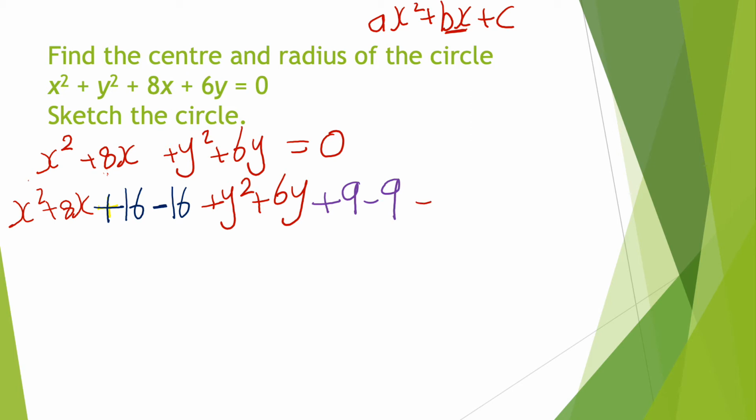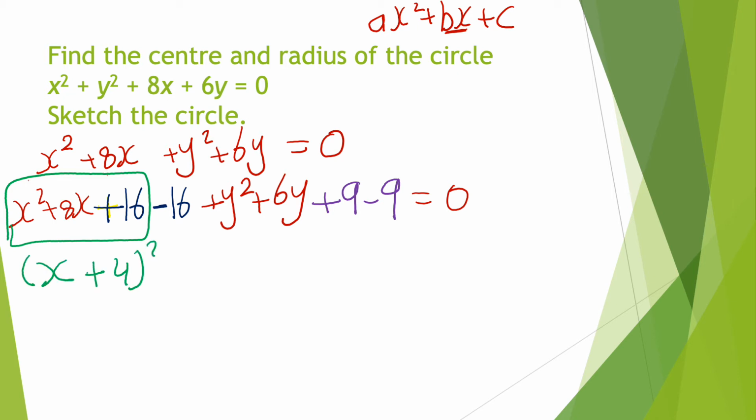Okay, equals 0. So now you're going to take this one here and factorize it. So it gives me x plus 4 squared. If you expand this, you will get to that. The 4 is half the b, minus 16. Then you will do the same with the y. That's y plus 3 squared, minus 9 equals 0.